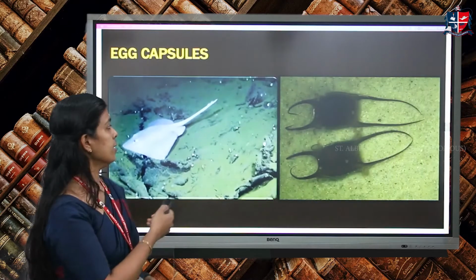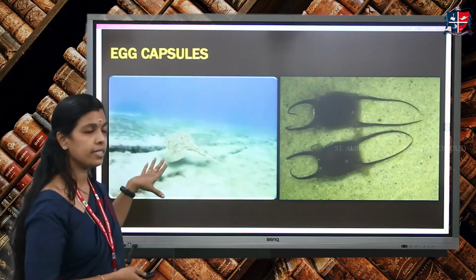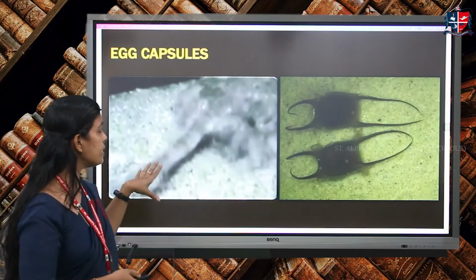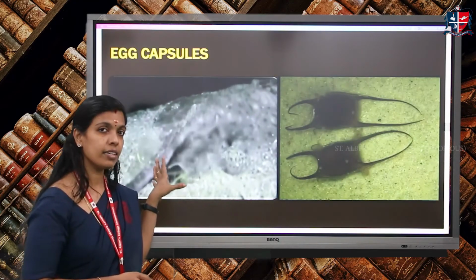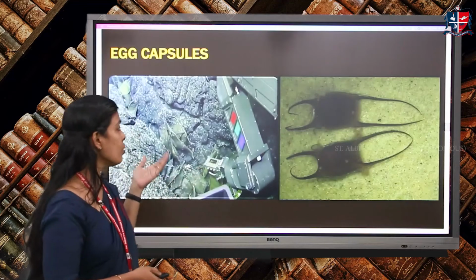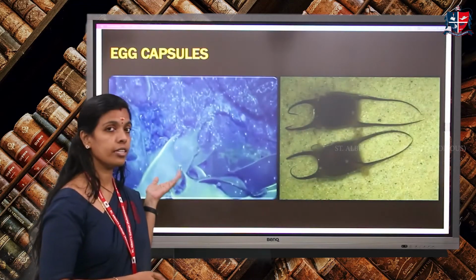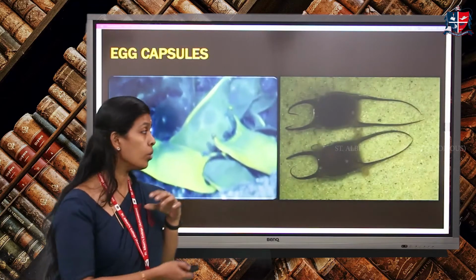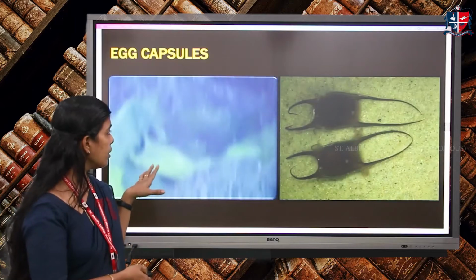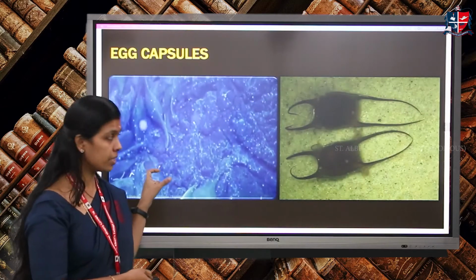So this is a video wherein you have the skates here. The skates are usually oviparous, that is the oviparous sharks or the skates. They exhibit the oviparity condition, and they would be laying the eggs, and these would be protected in horny capsules. These are the horny capsules, often known as the mermaid's purse.